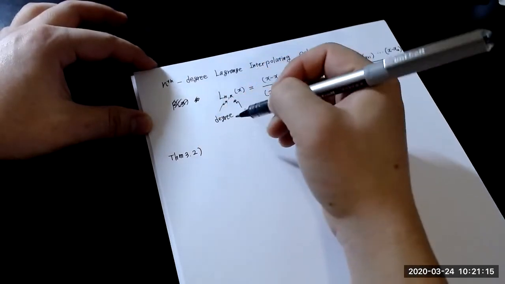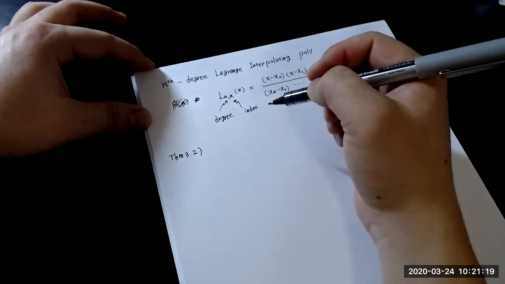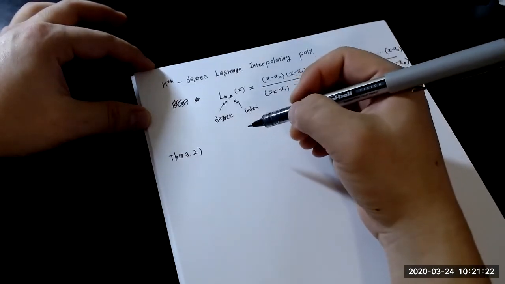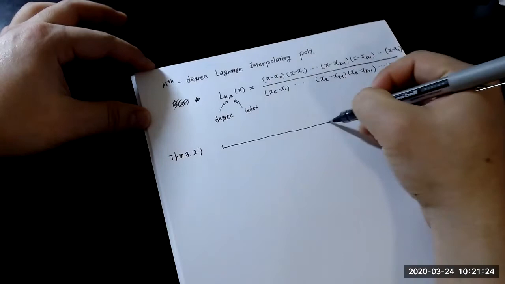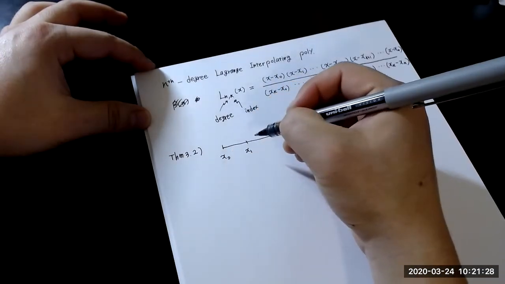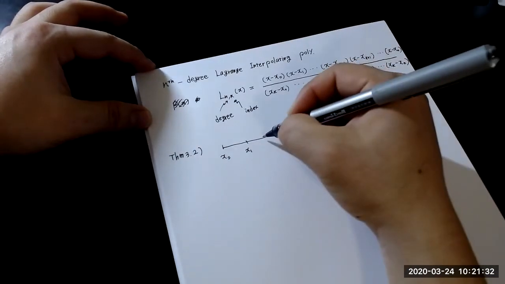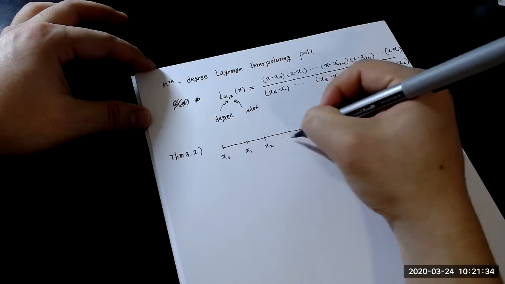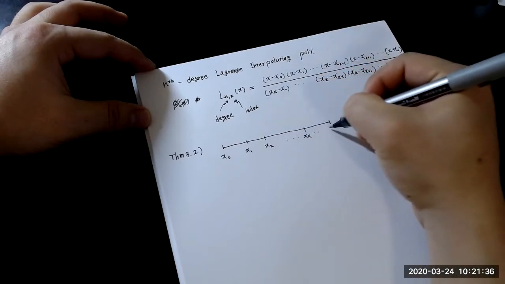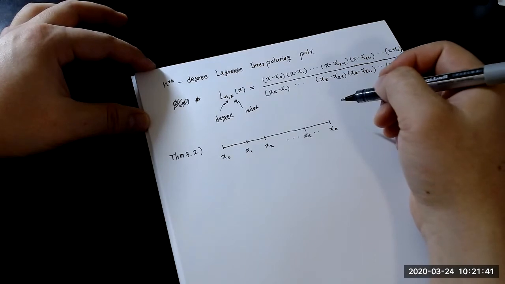So if x0 through xn are n plus 1 distinct nodes, let's say here is x0 and here is x1. It's not necessary to be a uniform distance. Here is x2, here is xk, here is xn. These are nodes.